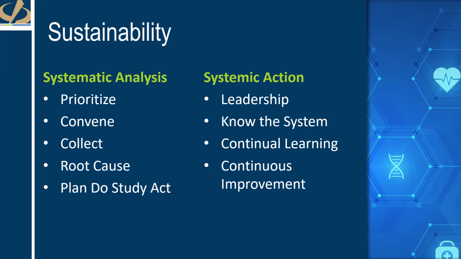From there, small PDSA cycles allow you to test solutions effectively. Systemic action takes these solutions and embeds them into the organization. This involves engaging leadership, understanding workflows, fostering a culture of continual improvement, and celebrating your success. Together, these steps transform insights into sustainable action.